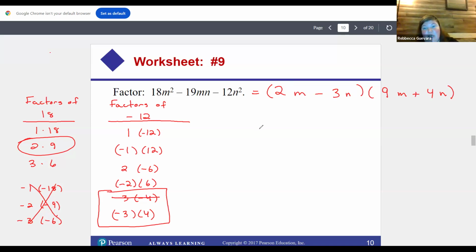So 2 times 9m is 18m squared. 2m times 4n is plus 8mn. Then we're going to do negative 3n times 9m, negative 27mn. Negative 3n times negative 4n is 12n squared.